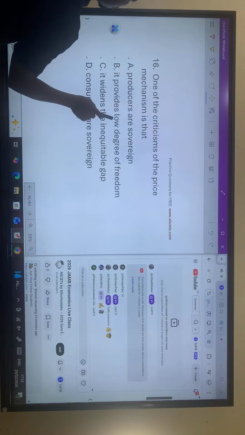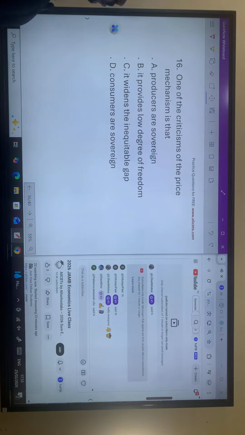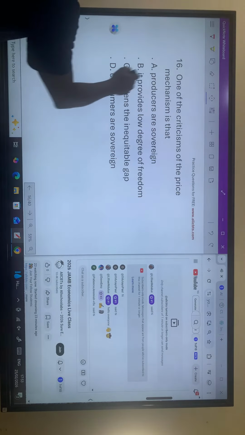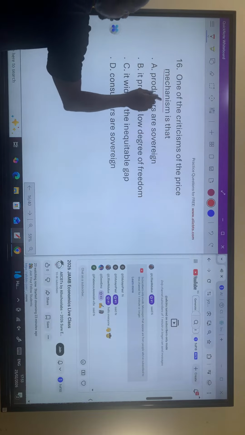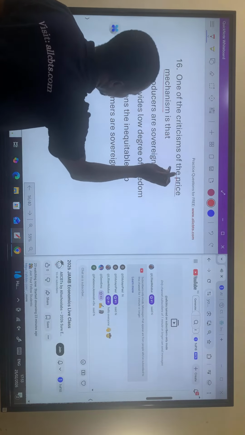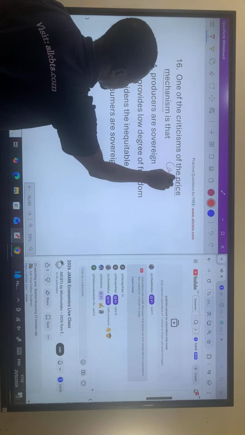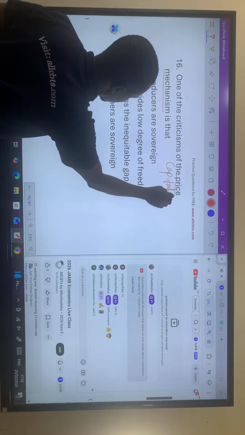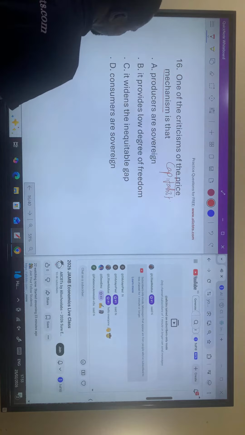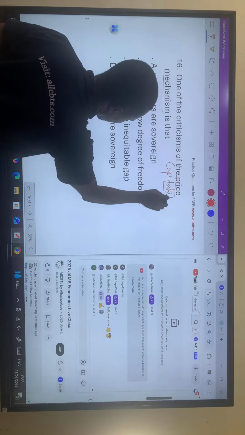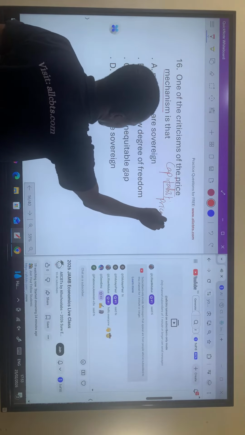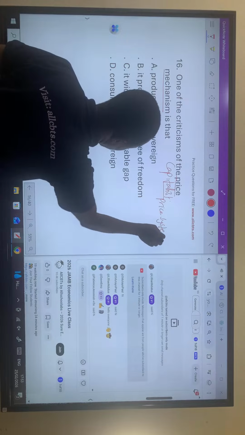The next one. One of the criticisms of the price mechanism is that, now, price mechanism is one of the characteristics of a capitalist economy. Okay? Price mechanism is also known as what? Price system. And what does it mean?